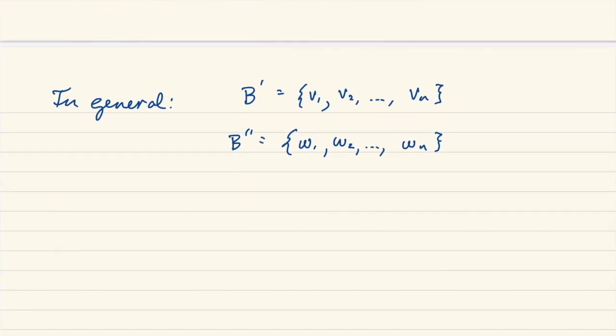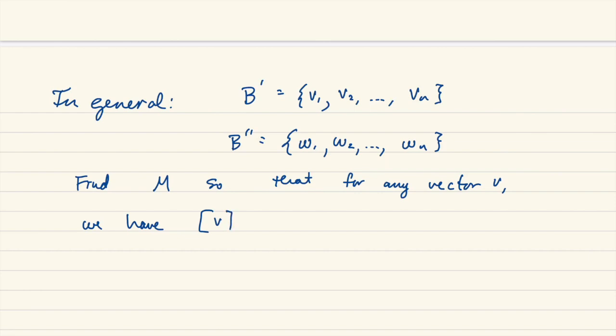And so what we want to do is find the matrix M so that for any vector v, we have v with respect to the basis b double prime is equal to M times v with respect to the basis b prime.